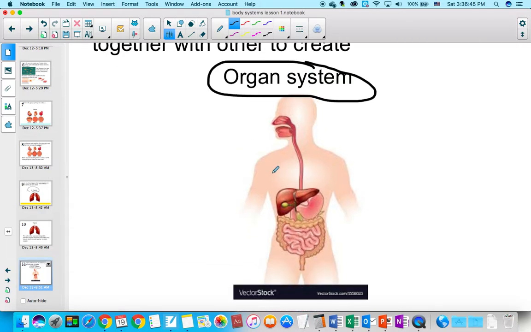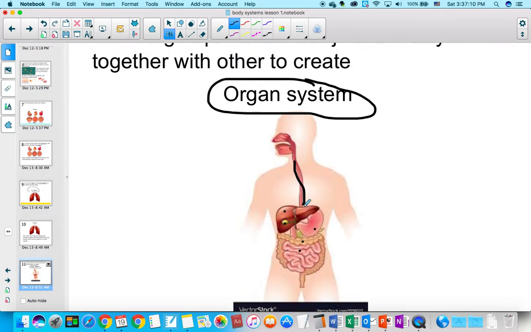So here we have a picture of our digestive system, and we have different organs involved with this system: our liver, stomach, gallbladder, small intestine, large intestine, our esophagus. All of these are different organs that work together to help us digest food, break food down, and get energy from it. We call this an organ system because multiple organs are working together to break food down.